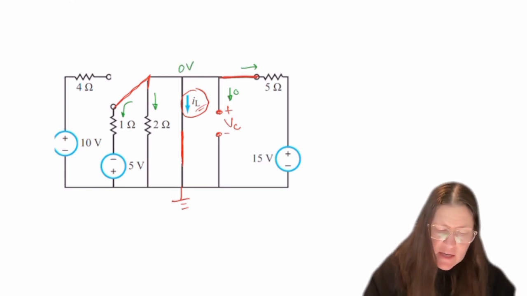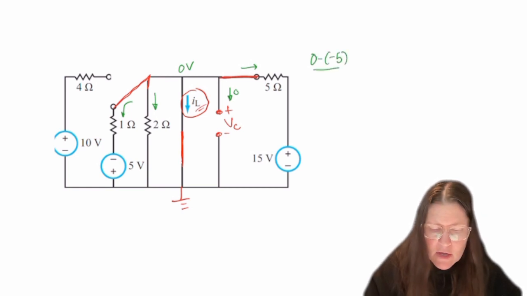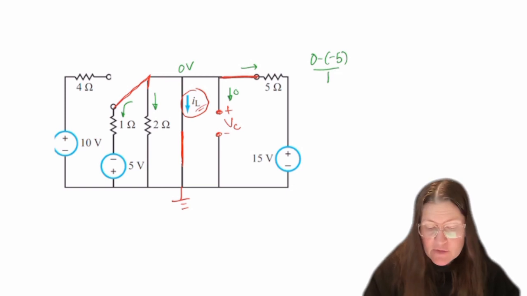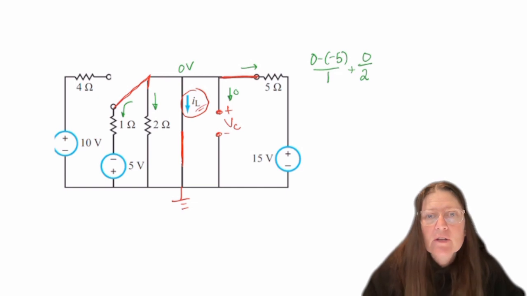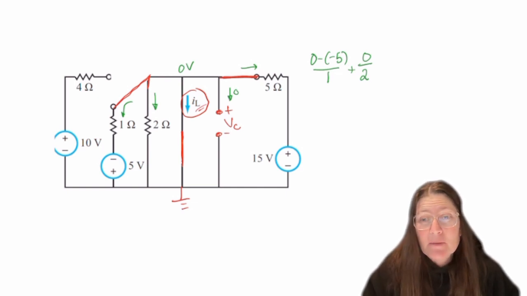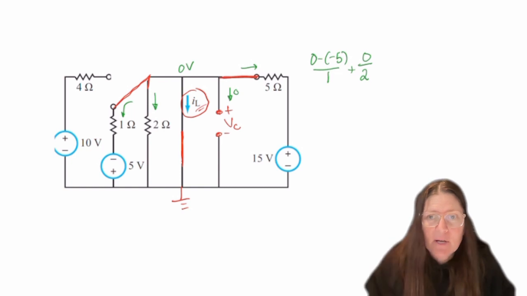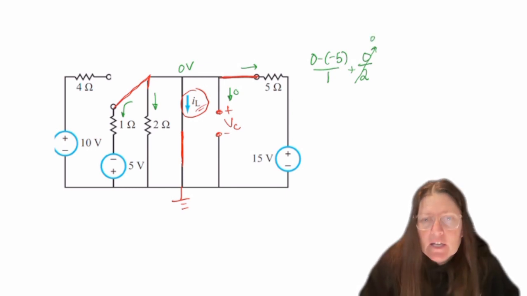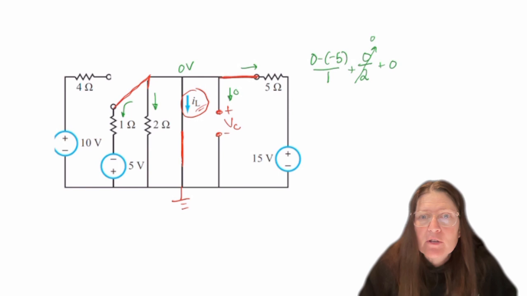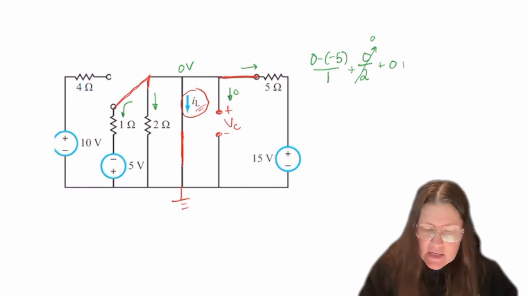So this means that that current will be 0 minus a -5 over 1, and then the branch with the 2 ohm will be 0 over 2, and then again you can see that that will be bypassed because it's in parallel with the short, and so that will be 0. And then we have 0 from where the capacitor is, and then this one on the right side will be 0 minus 15 over 5.